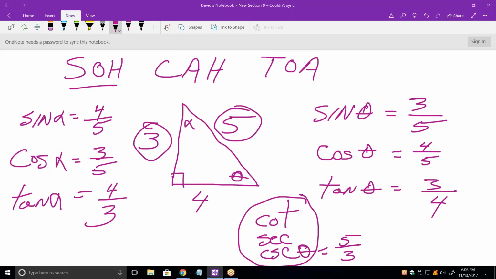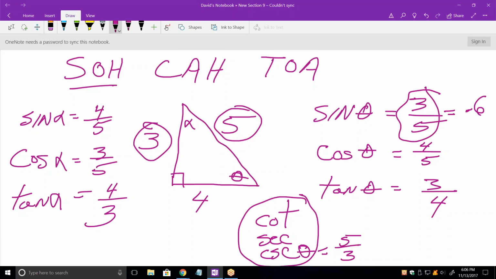Always remember that we take trig functions of angles to get ratios. Ratios are always important. You would never want to put that answer as 0.6. The answer for the sine of theta is 3/5.